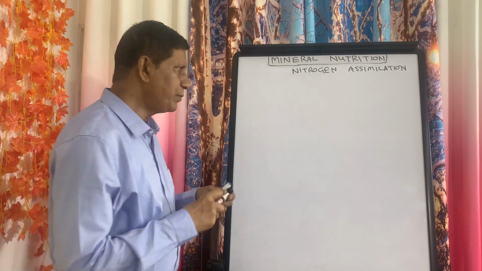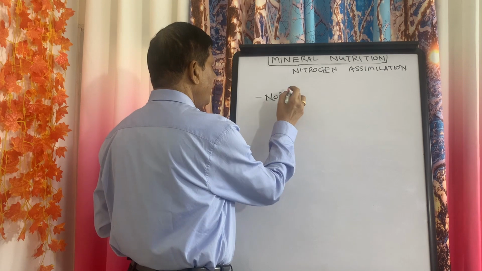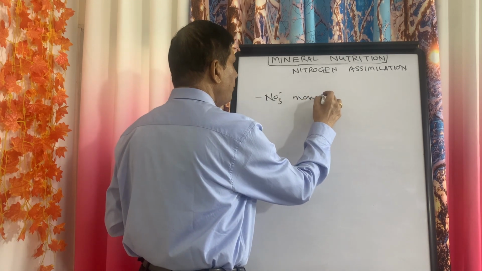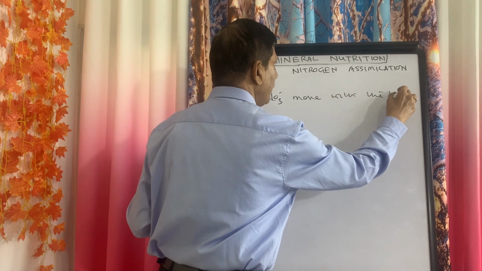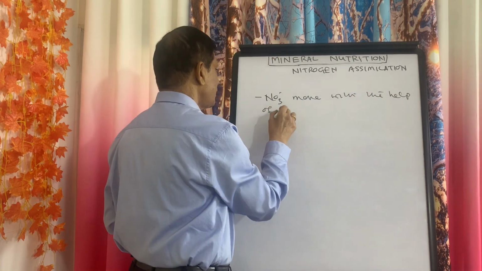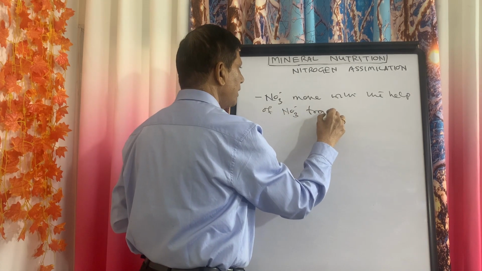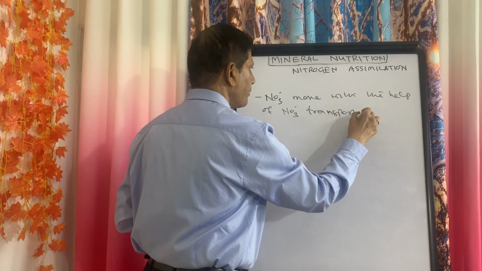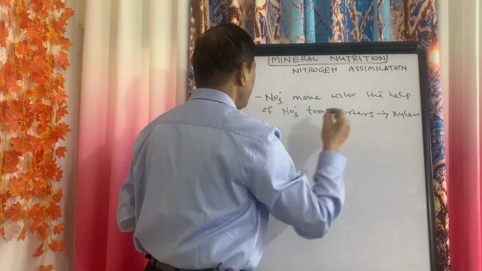But how will they move? Usually the nitrates move with the help of nitrate transporters and through xylem only.